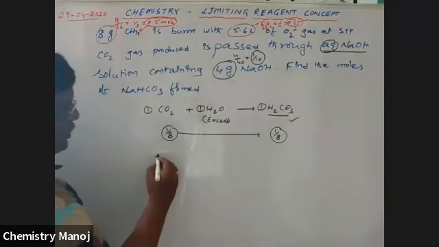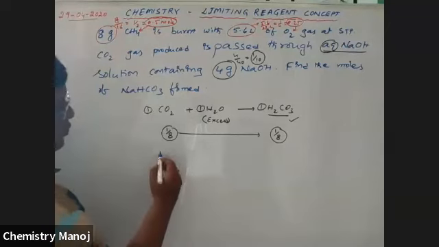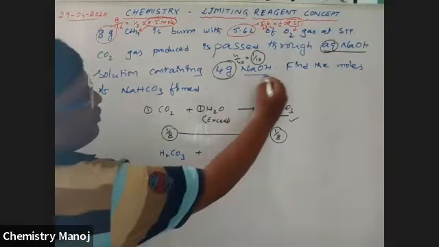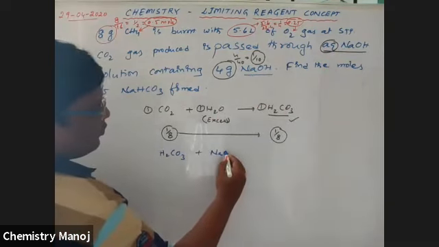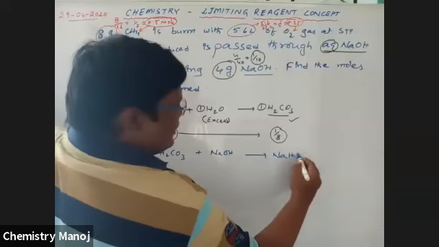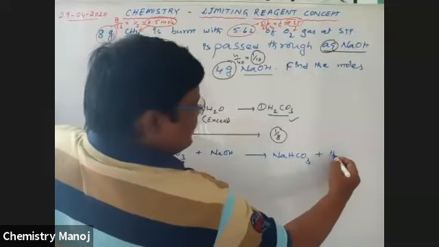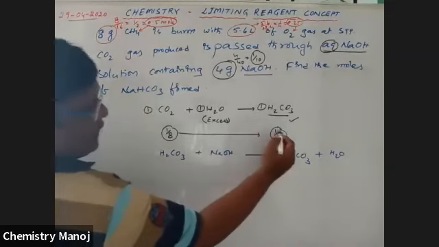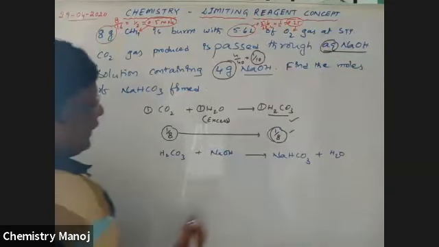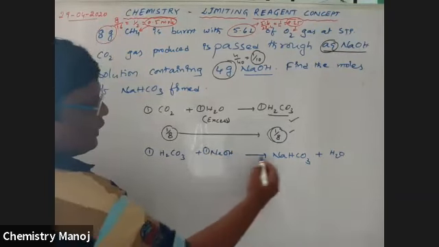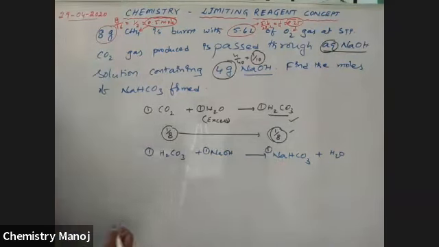Now that H2CO3 reacts with this NaOH and gives NaHCO3 plus H2O. So how many moles of NaHCO3 is formed? As per the rule, 1 mole reacts with 1 mole, that gives 1 mole NaHCO3.